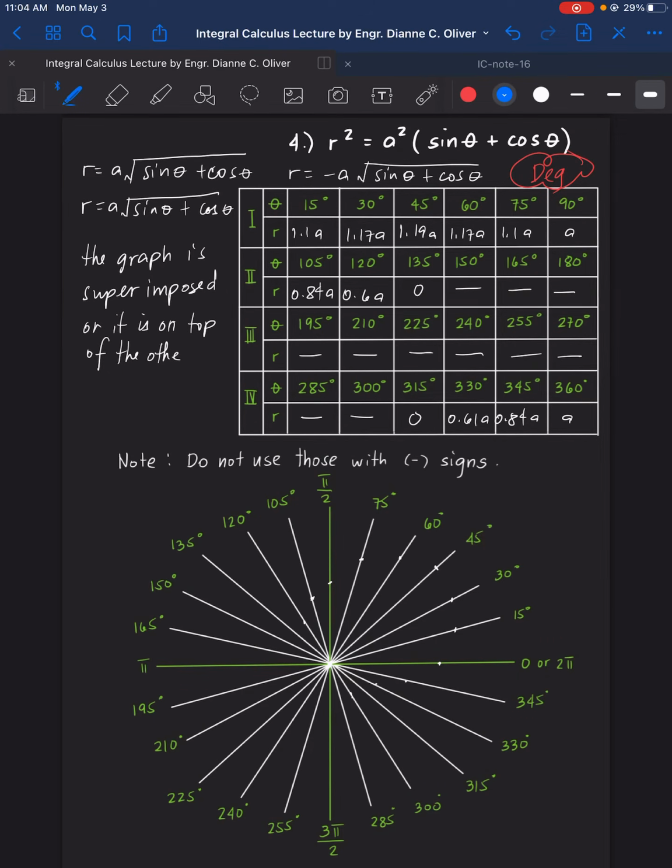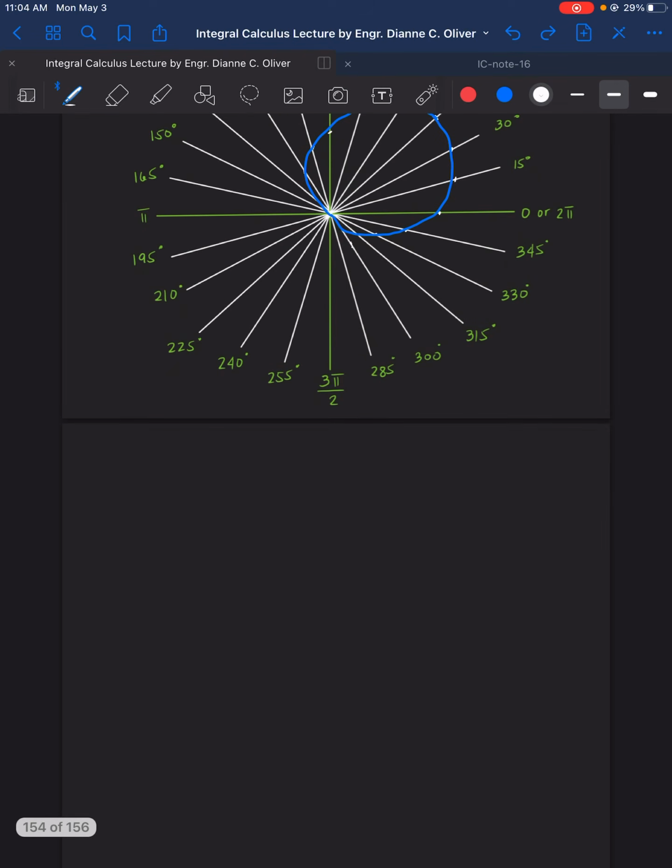Okay, then let's have this graph. Okay, so there we go. That's the graph. Meaning there's twice of this in this graph here. So let's solve.